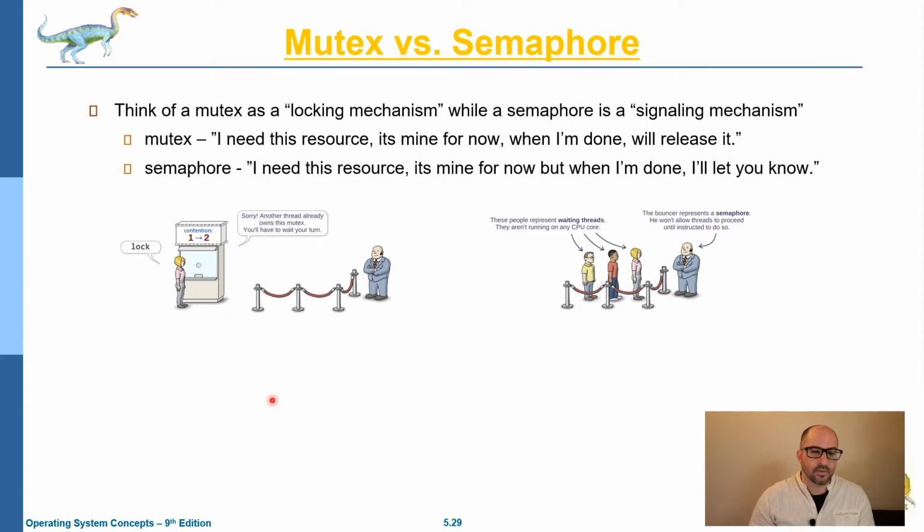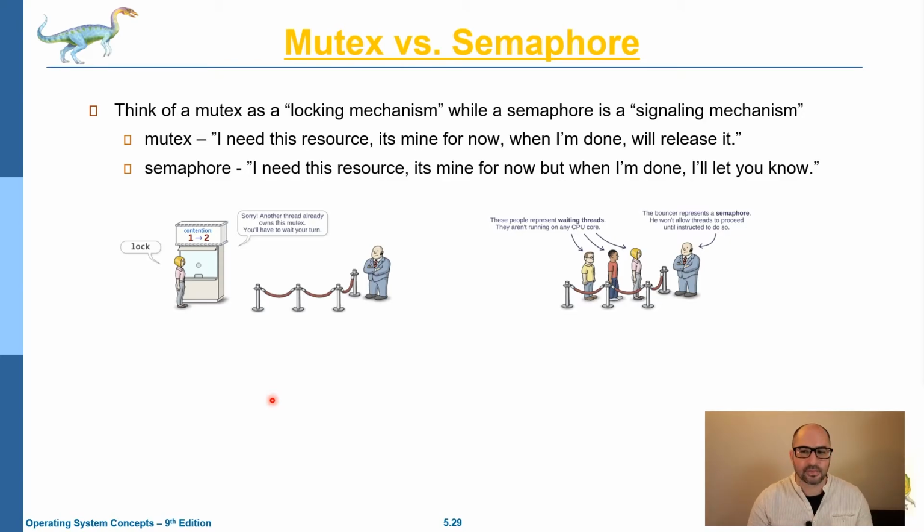So a mutex and a semaphore are not quite the same. A mutex is a lock, and one person can open or close, can lock or unlock the lock. A semaphore is more of a signaling mechanism, that when the semaphore goes from 0 to 1, it will signal, hey, is anybody waiting for the semaphore?